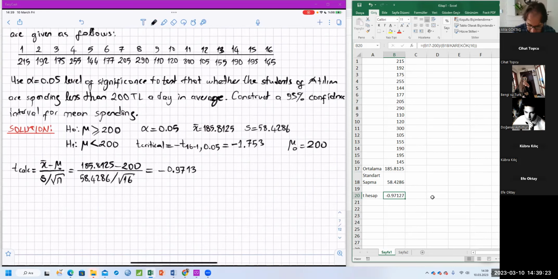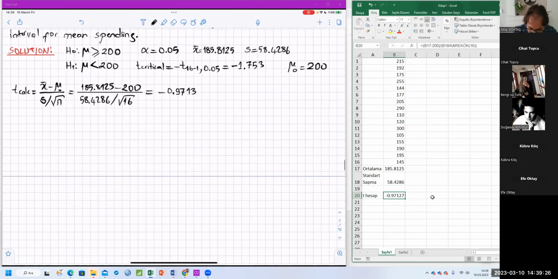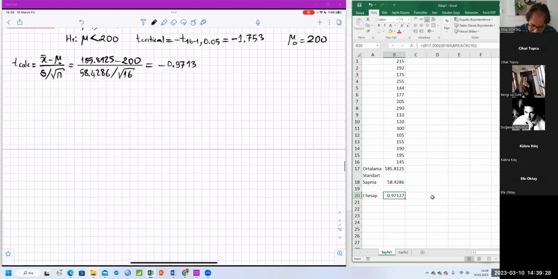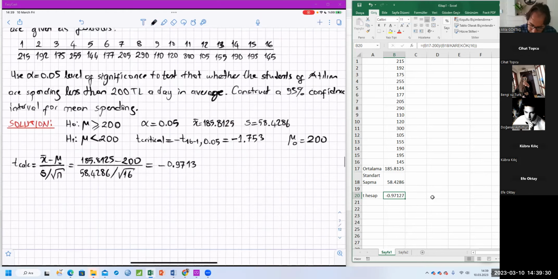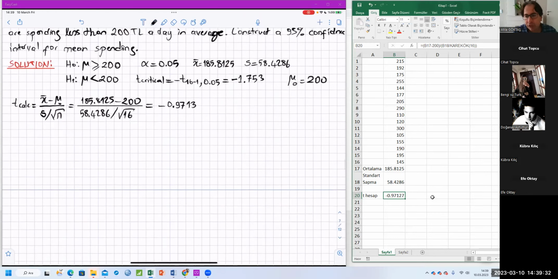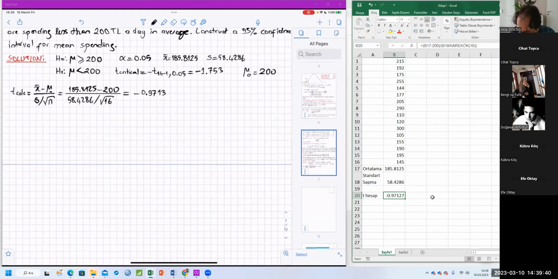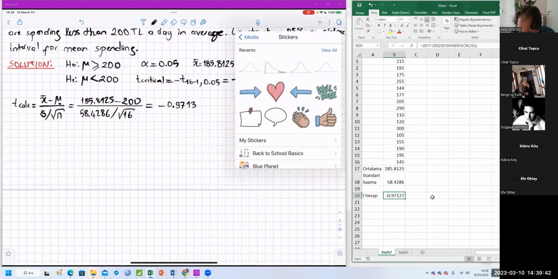Okay. So you need to establish the graphical representation for the T distribution, which is very much similar to the Gaussian distribution. So I'm using the same shape. It's a symmetrical distribution.